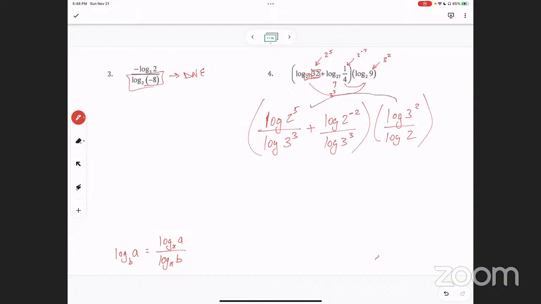So when I distribute this, actually now you can take all those exponents down to the front, right? Using that one property.